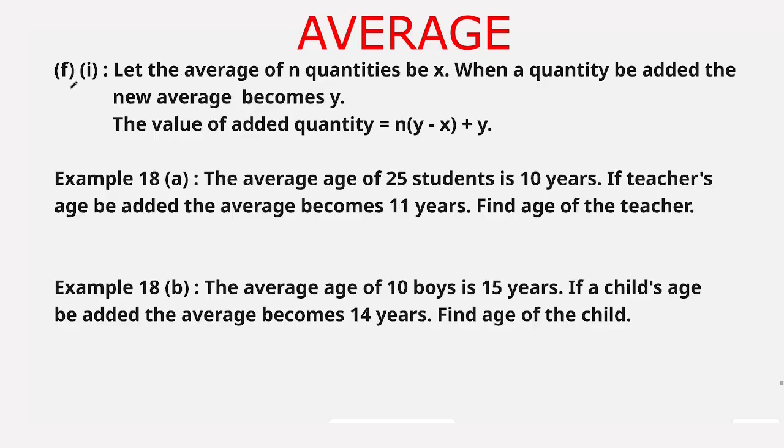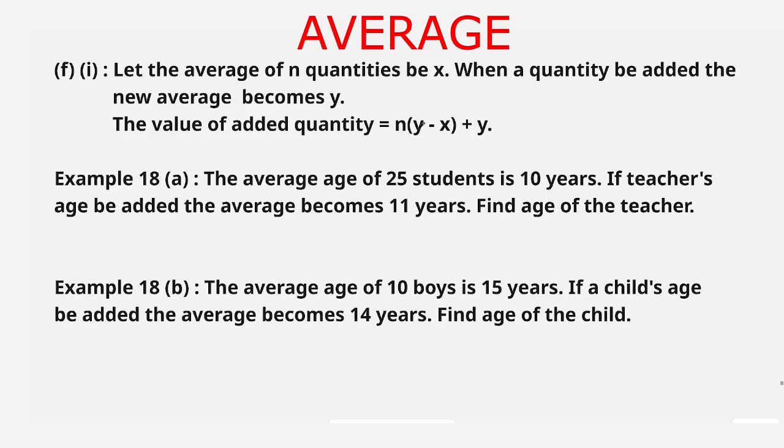Point F, part 1. Let the average of n quantities be x. When a quantity is added, the new average becomes y. Then the value of the added quantity equals n multiplied by (y minus x) plus y.